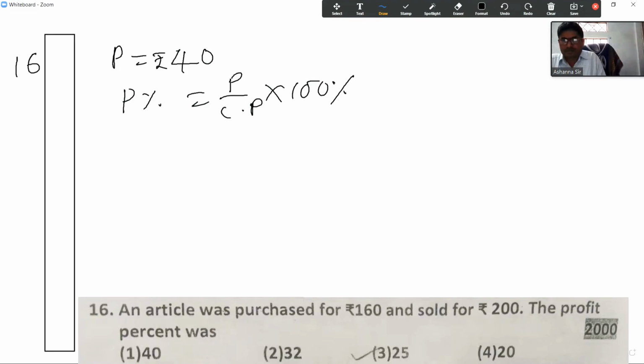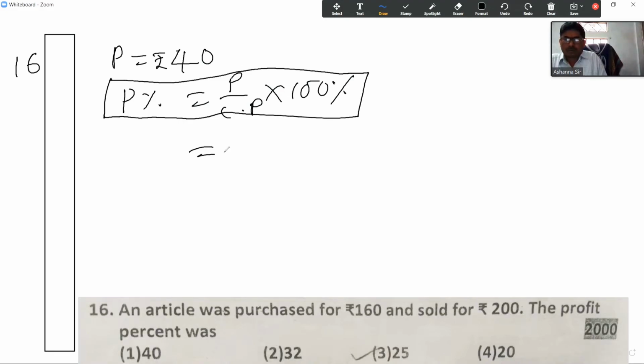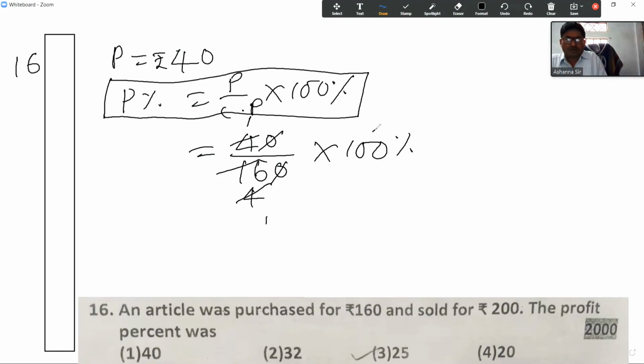This is the formula. 40 by cost price 160 into 100%. The zeros get cancelled. 4 ones are 4, 4 fours are 16, 4 ones are 4, 4 twos are 8... so 25% is the profit percentage. Option 3.